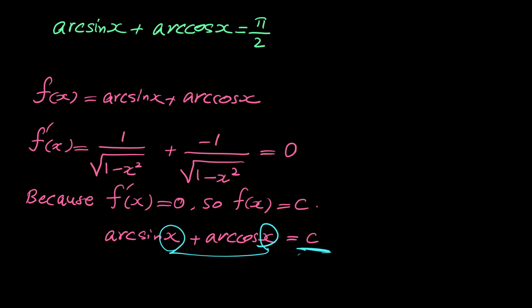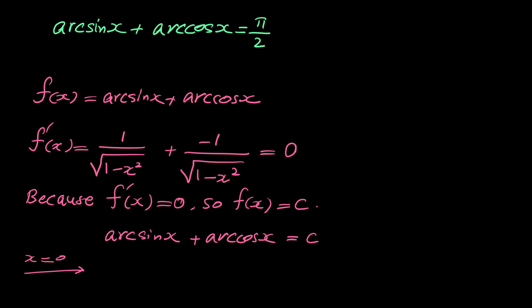Now here you can use a random number for x, but that random number should be between -1 and 1, because arcsin and arccos are defined when x is between -1 and 1. So now you can use a random number for x to find that constant c. For example, you can use 0.